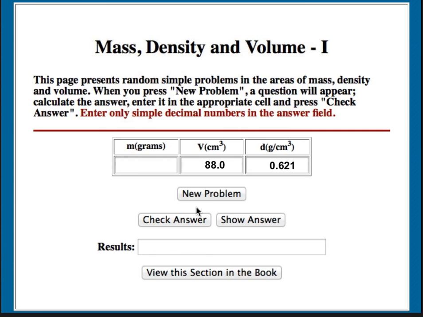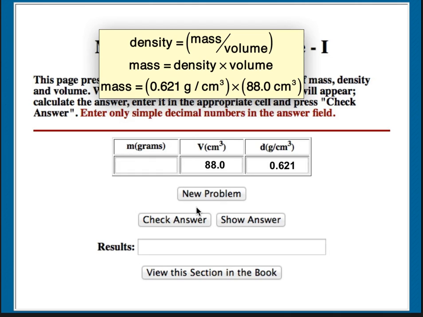Calculating mass. Mass is density multiplied by volume. Density multiplied by volume, 54.7.